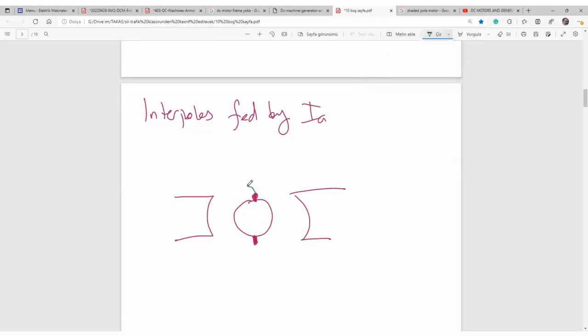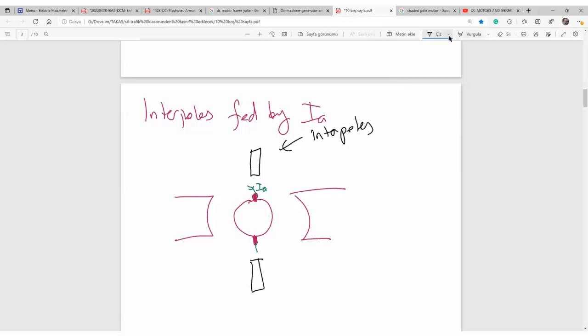Armature current causes some distortion, and the magnetic neutral axis will be changed due to armature current, armature reaction. So one of the methods to keep its original position is to install interpoles, tiny magnetic poles.